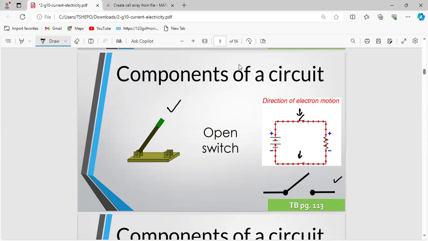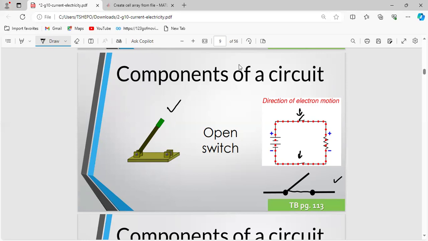There won't be a flow of electric current inside of this circuit. But when we close the switch, this switch is closed, and this switch is also closed. That's why we have the electric current flowing inside of this conductor.